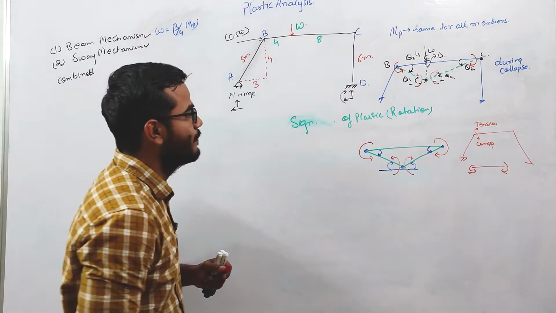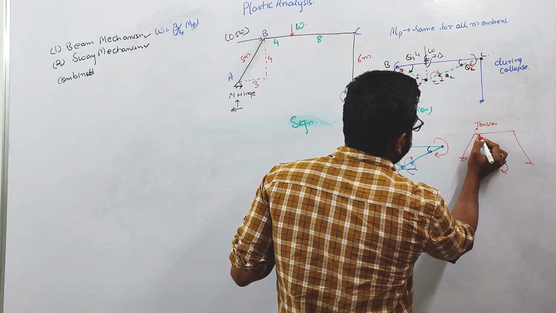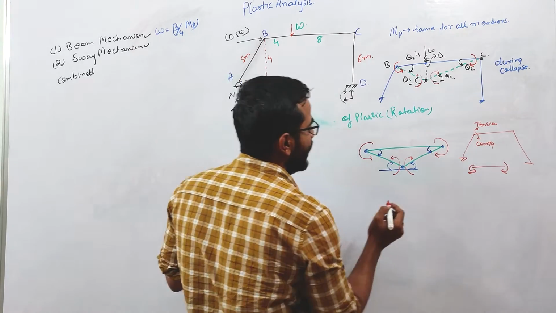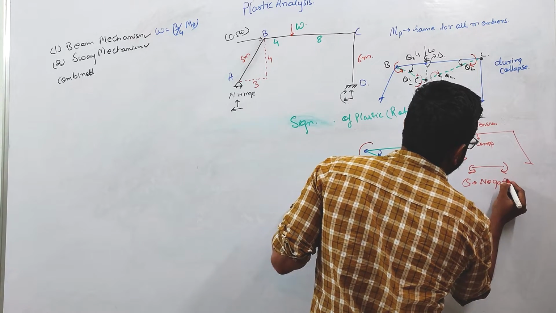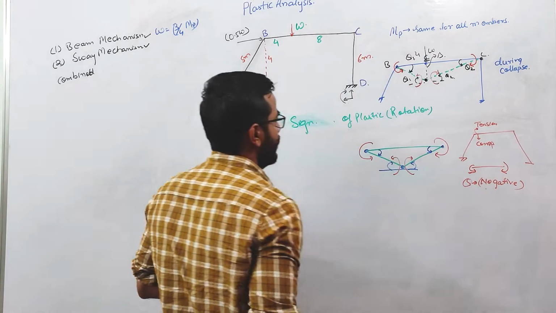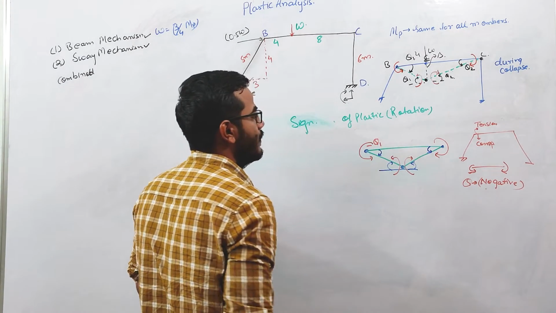This thing should be clear. When this moment tries to produce tension on the upper, outer side, and compression on the inner side, theta in that case we will consider negative, right? So this theta 1 here is basically negative, minus theta 1.